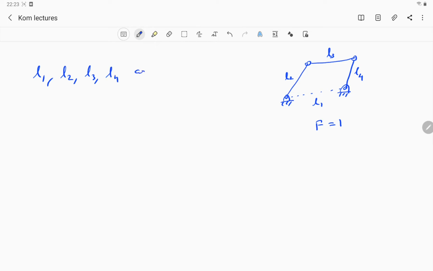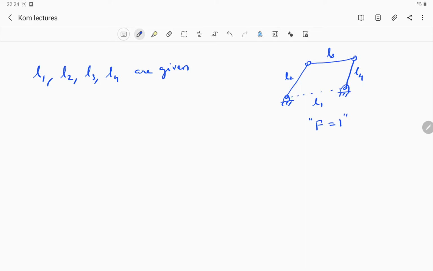But that's not enough, because the configuration will be different, and it depends on one independent variable, right? Because while it's changing its configuration, L1, L2, L3 and L4 will not change.